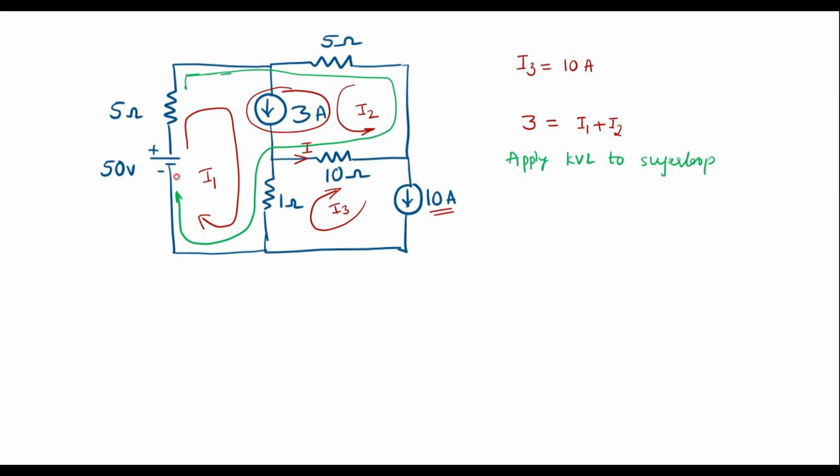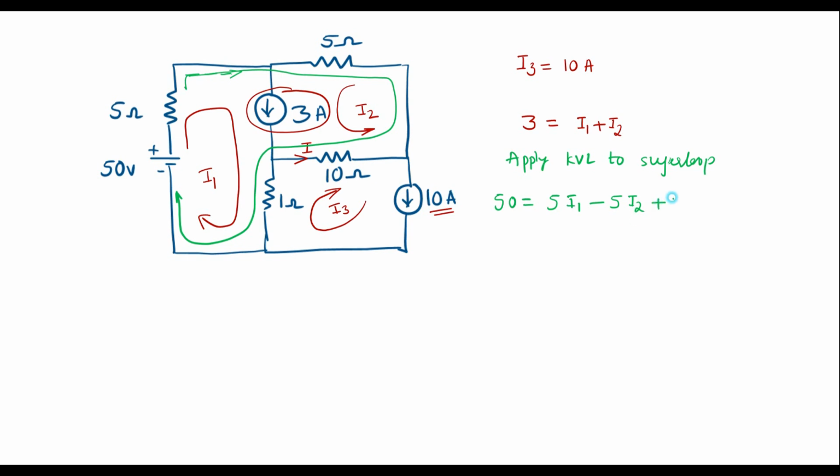Start from here, 50 is equal to voltage across 5 ohm, which is 5 I1, plus, then current will flow through 5 ohm resistor. In the 5 ohm resistor current I2 is flowing. The green color direction is in this way, but I2 is opposite to that, therefore we should write it as minus 5 I2. Then it will flow through 10 ohm resistor.